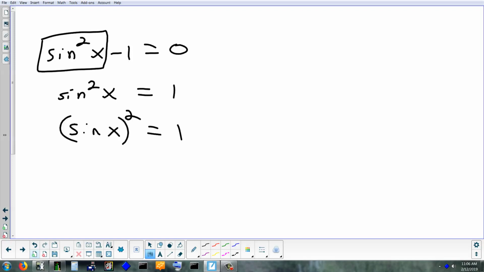So I can't touch anything that's in the parentheses till I get rid of those parentheses. And to get rid of them, what would I have to do on both sides? Yeah, we're going to take the square root of both sides. So square root. Those cancel.